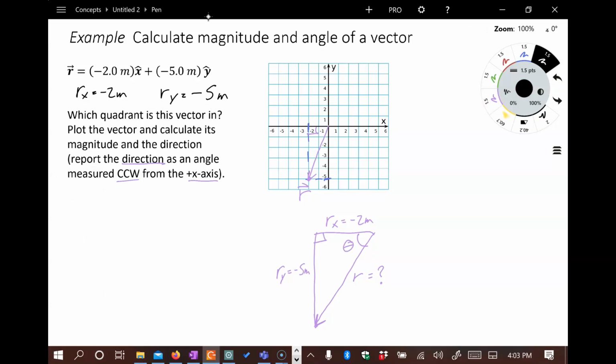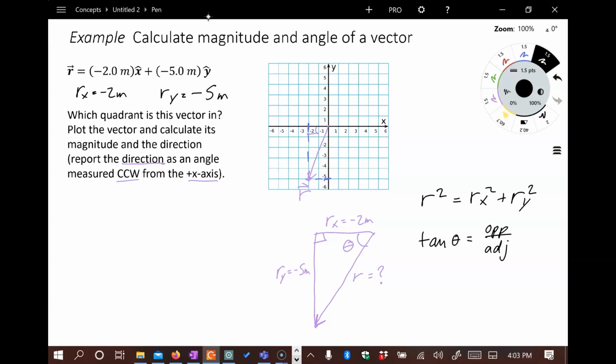To do this, we're going to use two things. One is the Pythagorean theorem, right? So if I look at this triangle, I know that for the Pythagorean theorem, the hypotenuse squared is equal to the sum of the sides squared. So that's one thing. And the other thing I'm going to use is the tangent function. Remember, tangent is equal to opposite over adjacent.